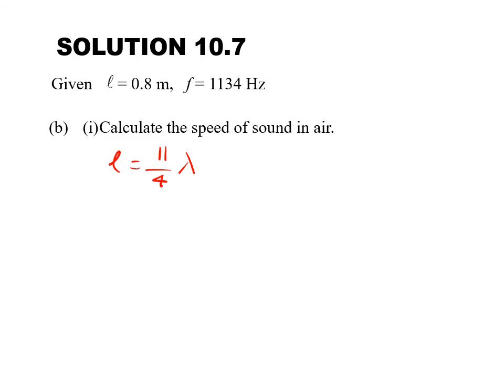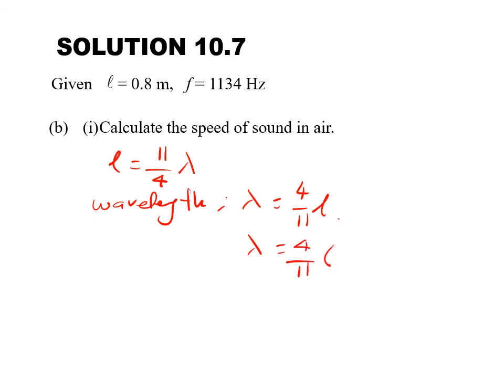So the wavelength lambda equals 4 over 11 times the length, which is 0.8 meters.